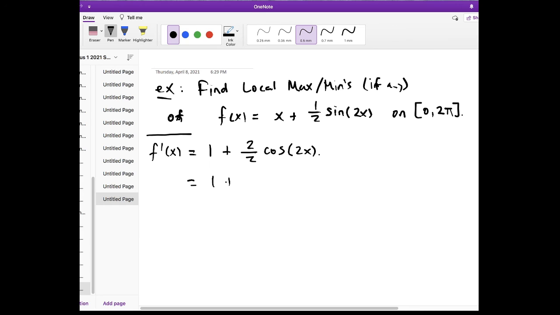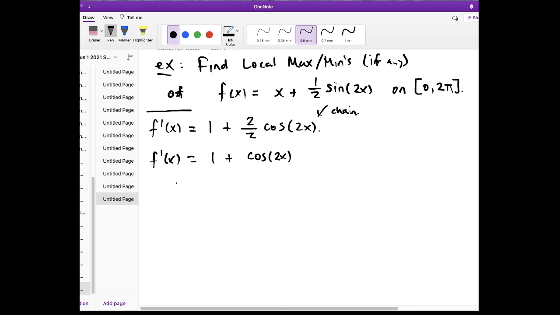It's 1 plus cosine 2x. So that's chain rule here, right? Okay, what's the next step? Yes, so technically we're finding critical numbers, but the only critical numbers we have are where the derivative is 0.